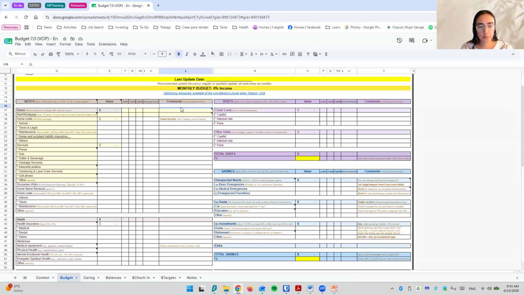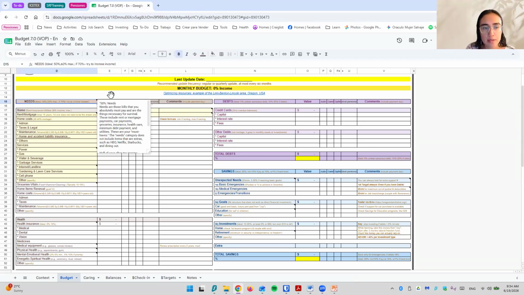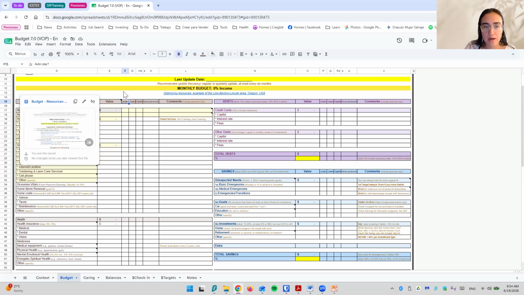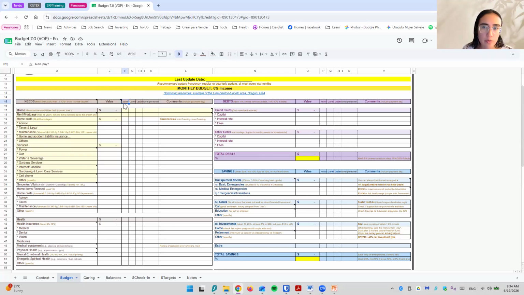And the budget, so if you're working on paper, I'm gonna ask you to put the titles. So you're gonna put needs, value, and then we have these three little things. We are gonna make a mark if we can auto pay or automatize the way that we handle it, in the case of savings, if we can automatize the process or if we have to do it manually, right?